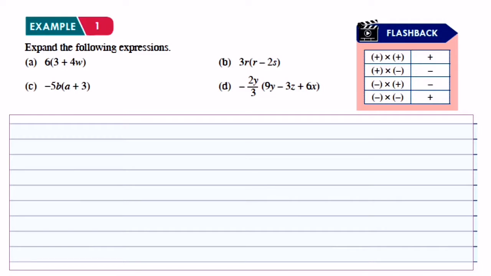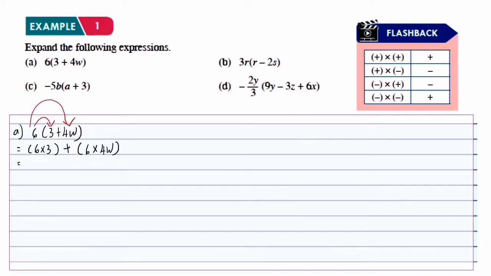Example 1. Expand the following expression. A. 6 times 3 plus 4W. So 6 times 3, we write like this, plus 6 times 4W.